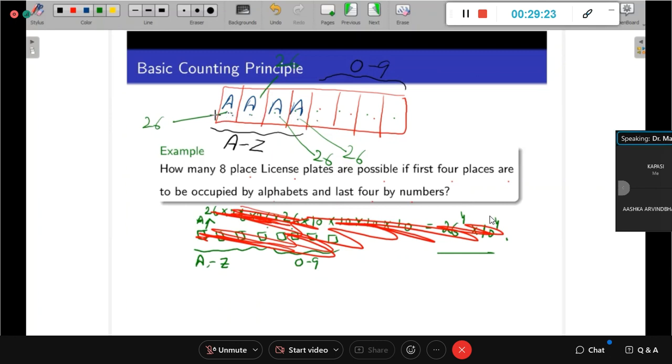First 4 places have 26, 26, 26, 26. The last 4 places each have 10 choices. These are simultaneous because you cannot create a license plate without filling any place. So it is going to be 26 into 26 into 26 into 26 into 10 into 10 into 10 into 10, that is 26 to the power 4 into 10 to the power 4.